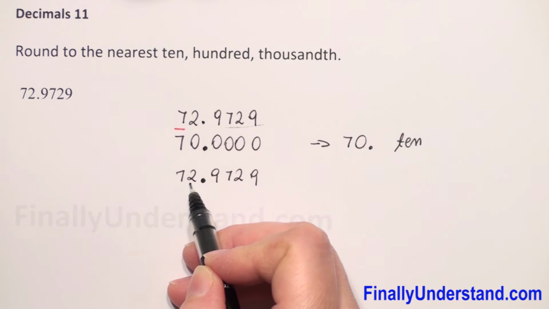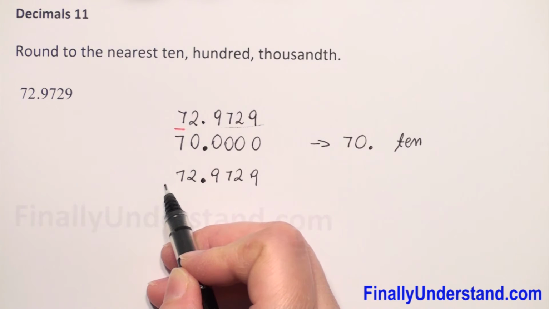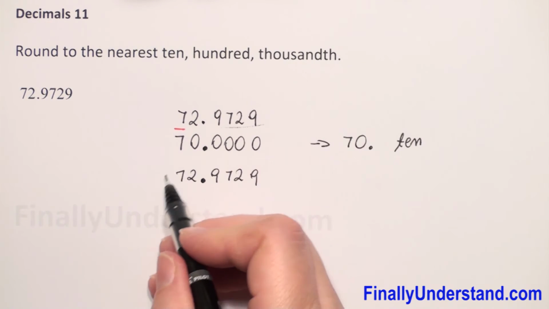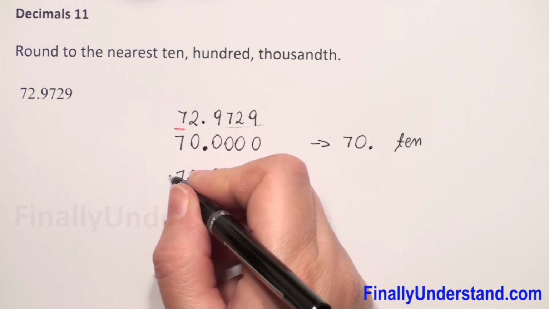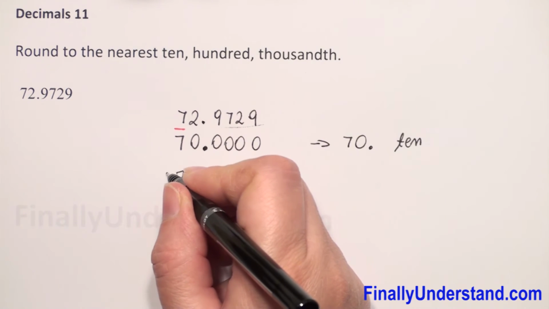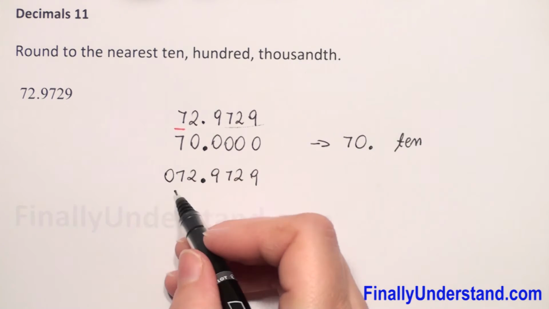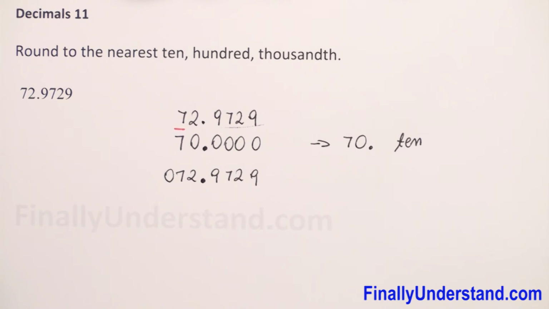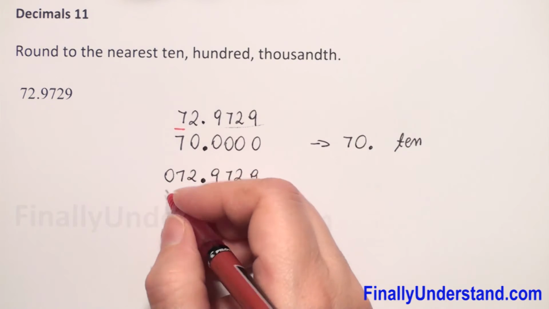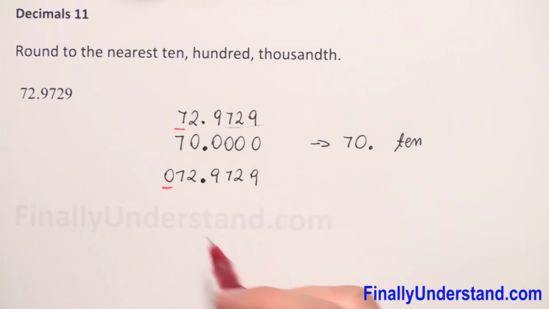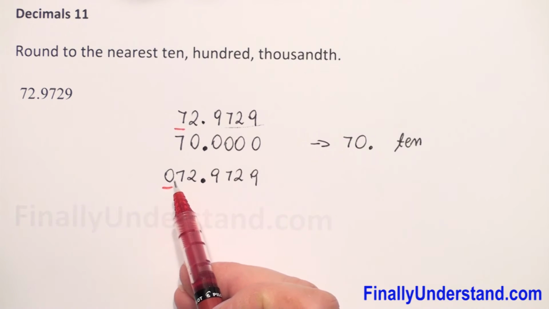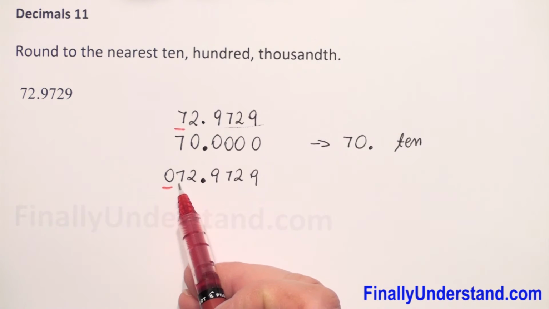So ones, tenths, 100 next will be. We don't have any digits, so we can add, because this is like invisible, a 0. I can add the 0 because we need to round to the nearest 100, so we underline the 0, and next we have to change the digit which is after our underlined digit.